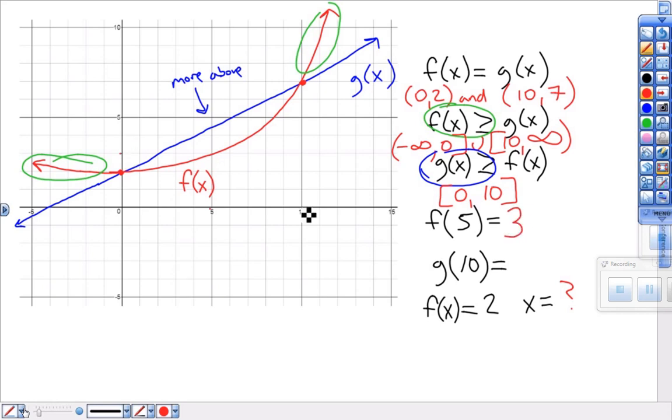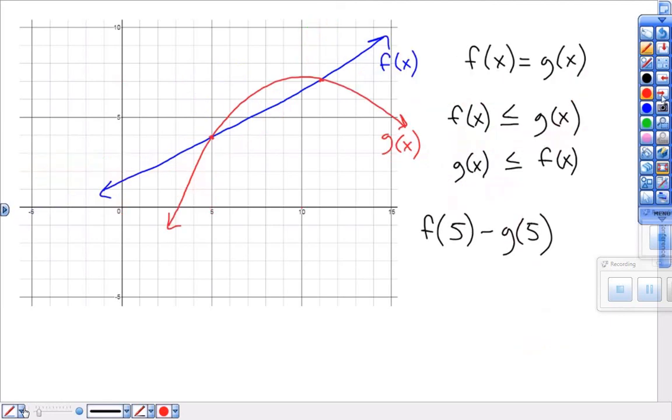That gives you 3. G of 10, go to the correct line. That gives you 7. And then this last one, if I give you y instead, find x, which gives you 0 right there. Alright, write that down. It's going quick. You'll have a chance to watch this at your own speed, tied into tonight's homework.